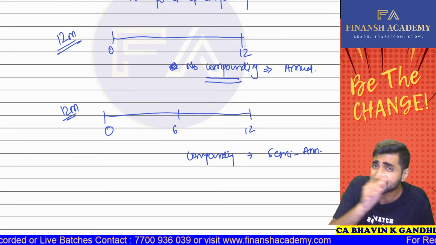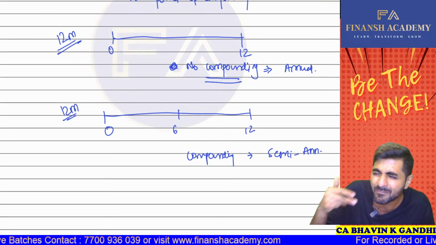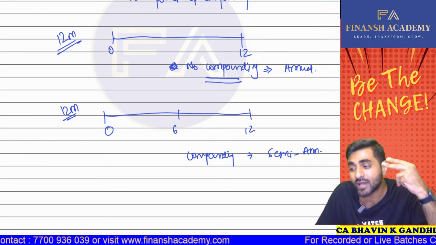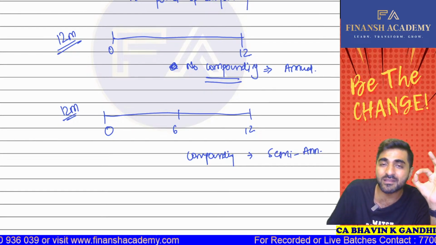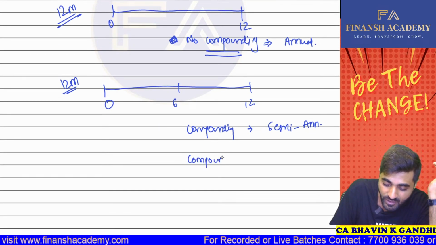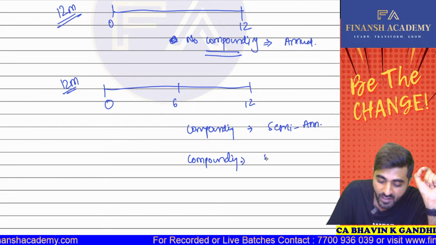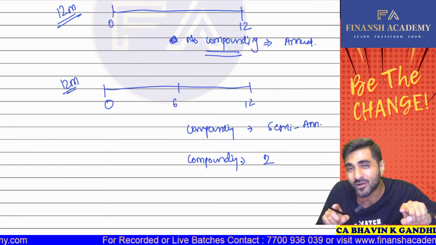Because it's a 12-month contract and your compounding happens on a semi-annual basis, what I mean is that compounding is now going to happen 2 times in a year. So can I say the compounding will happen? Come on, yes or no? Yes, because it's on a semi-annual basis, so compounding will come, and it will be done 2 times in a year.